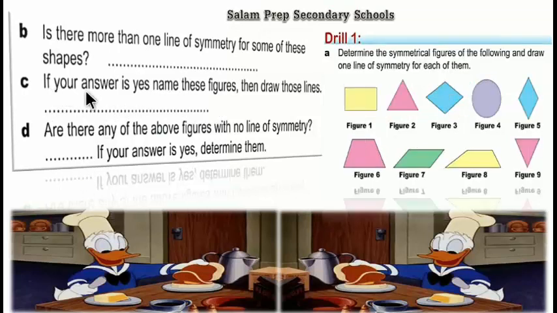If your answer is yes, name these figures. Then draw those lines. Are there any of the above figures with no line of symmetry? If your answer is yes, determine them. Excellent.